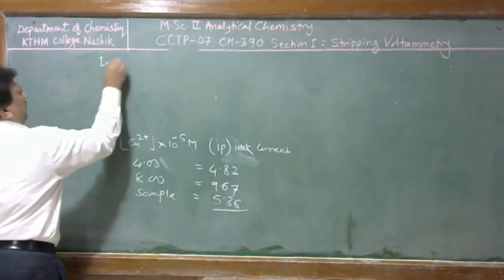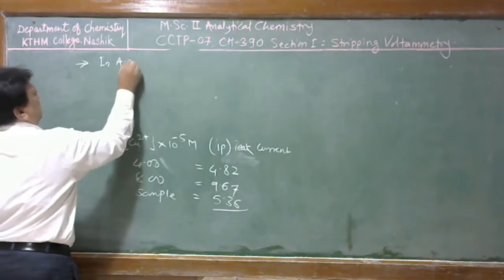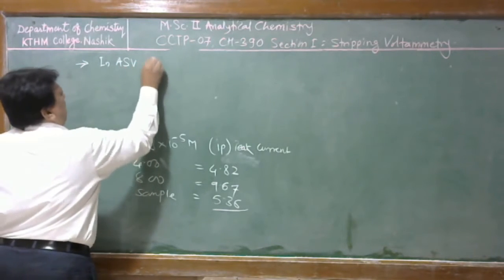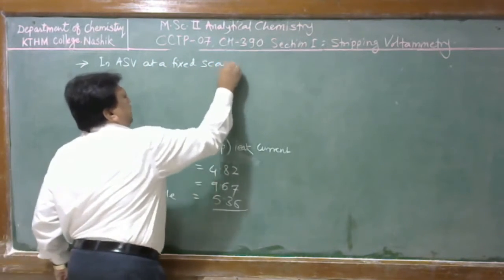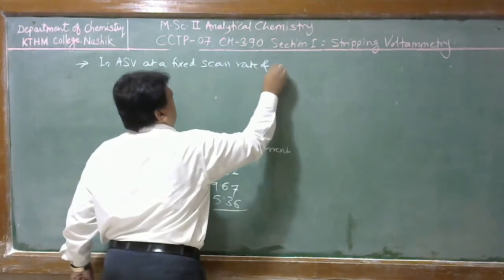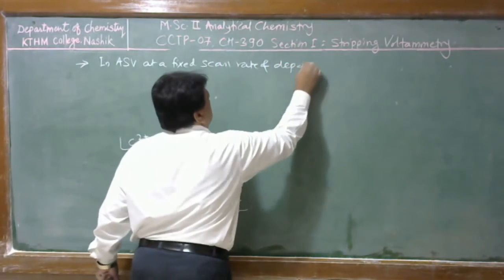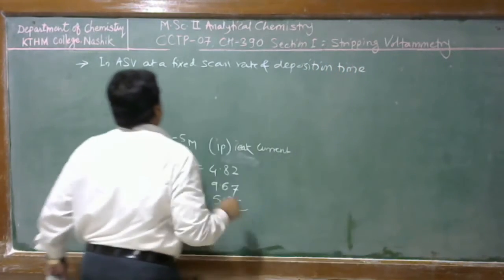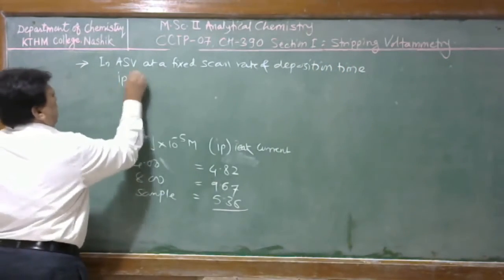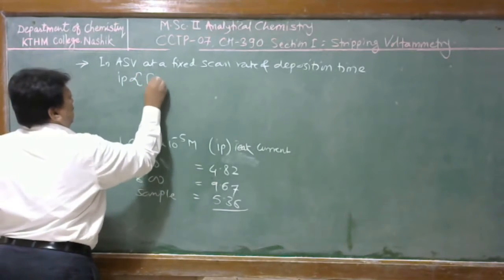In anodic stripping voltammetry, at a fixed scan rate and deposition time, peak current is directly proportional to the concentration of the analyte.